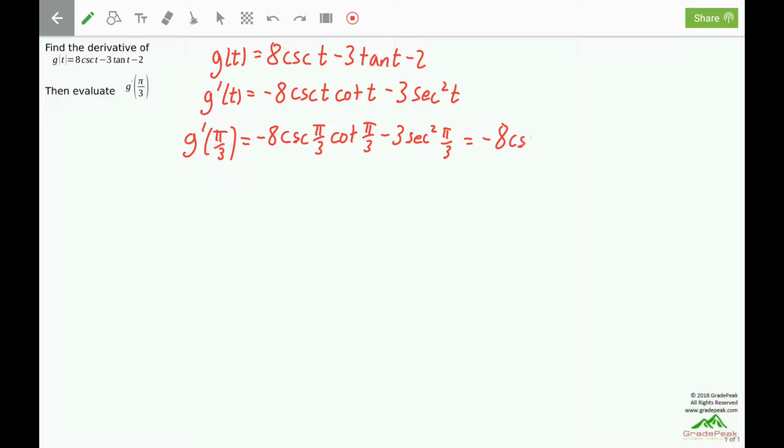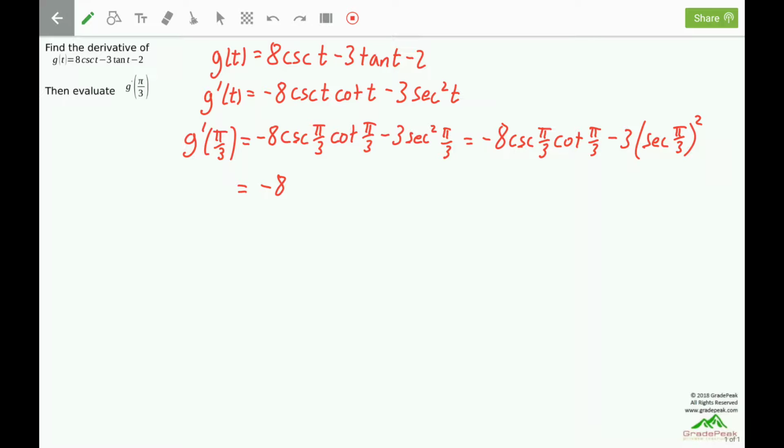I'm going to rewrite the first term exactly as we see it. And then the second term, negative 3 secant squared of pi over 3, means to evaluate the secant first and then square the result. I'll write it that way to remind us how to evaluate it.